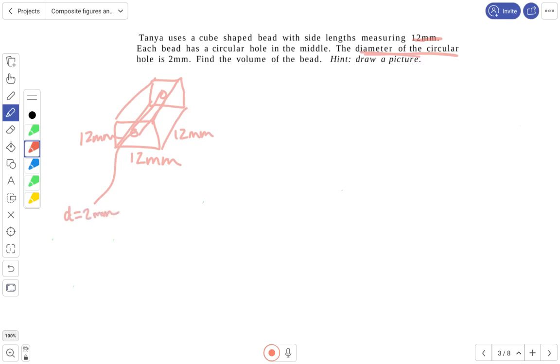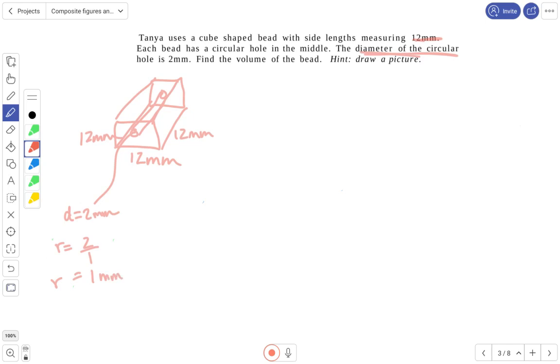Since I'm dealing with this cylinder, if I'm finding the volume of something, I am going to cut that diameter in half, because I'm going to need the radius. So the radius of this hole that goes through the middle of this bead is actually 1 millimeter.